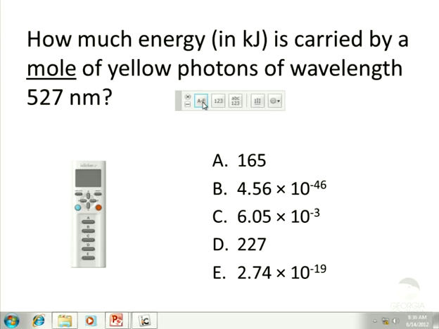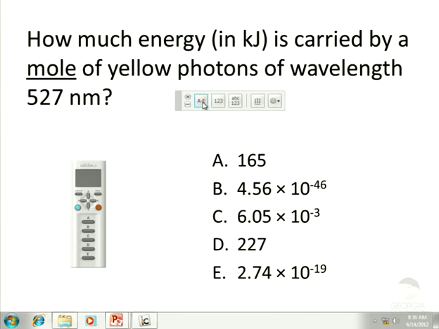How many joules did we calculate for this first part? 3.769 times 10 to the negative 19th joules. So this is the amount of energy that's carried by one of those photons.